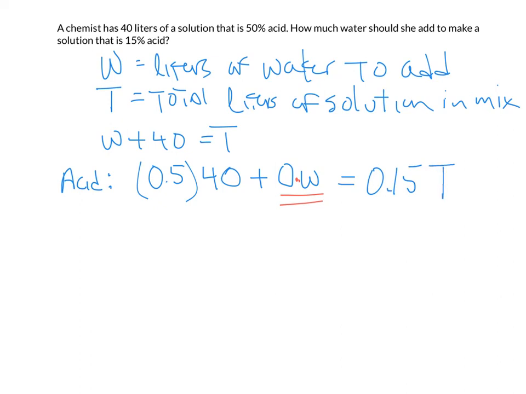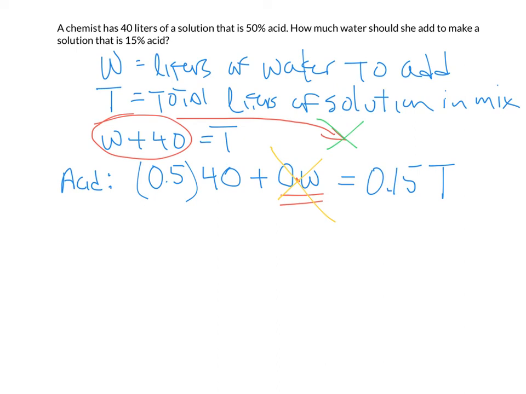So once again, we can substitute. But wait a minute, let's put the brakes on. Do we need to? If you look at this, 0W is simply 0. So what we actually have is an equation that's ready to solve for T, because there's only one variable in it.